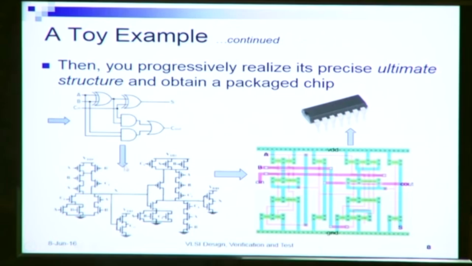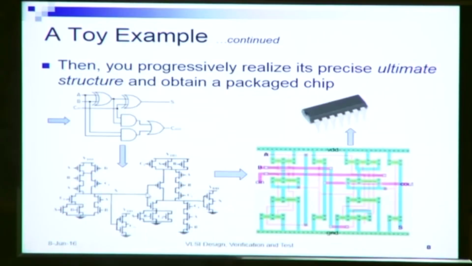From that logic level design, we will have a transistor level design. The transistor level design here is a CMOS design of the same 1-bit full adder. From this design, we progress again more towards structure. How should be the structure of this application, the full adder? Then this is a more detailed specification: how should these gates be implemented in the form of transistors, and then how should these transistors be laid out on the substrate?